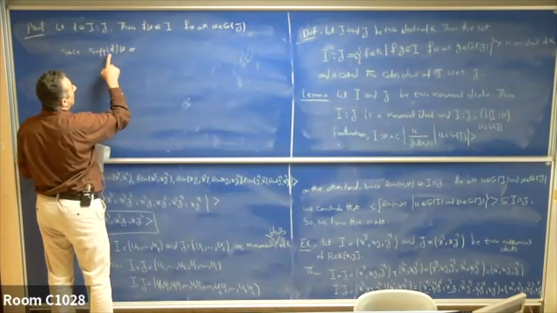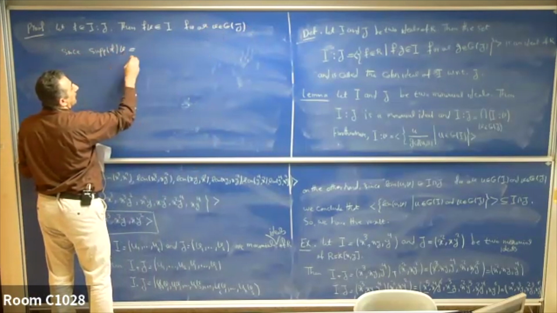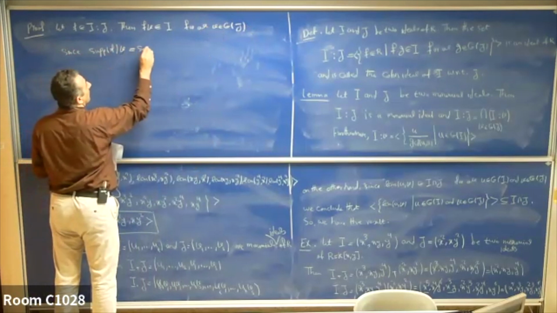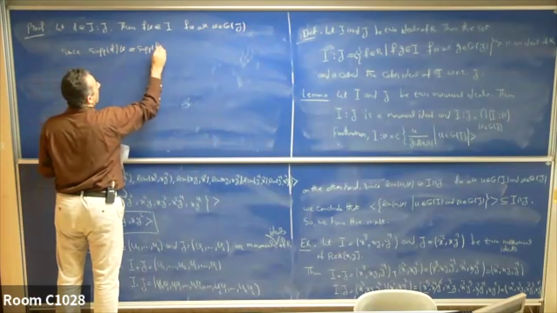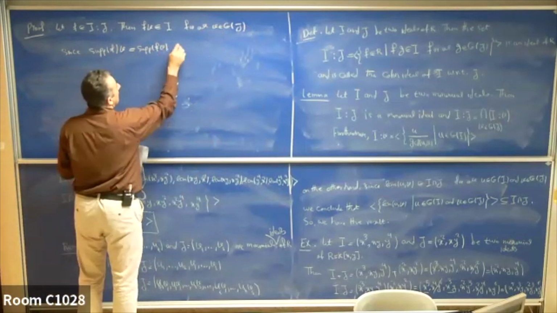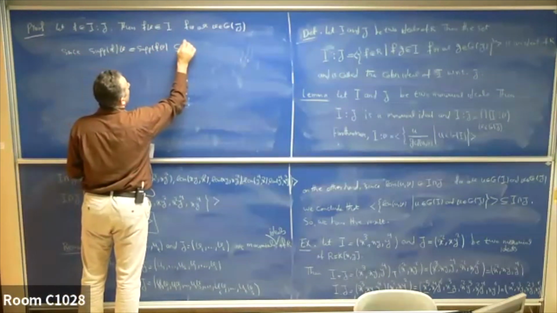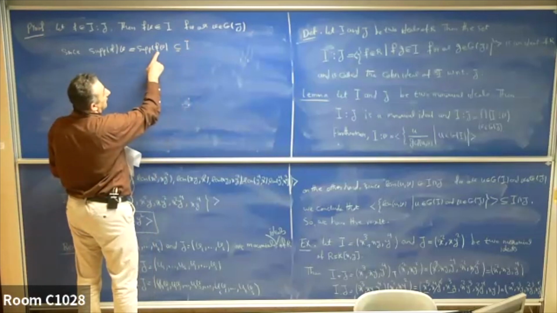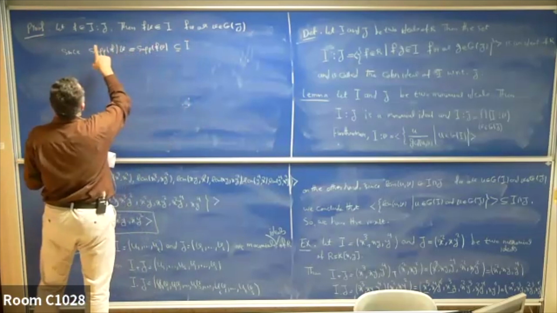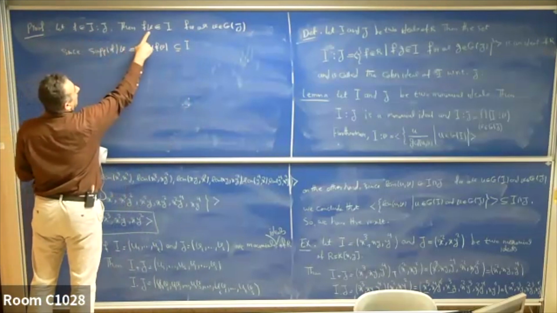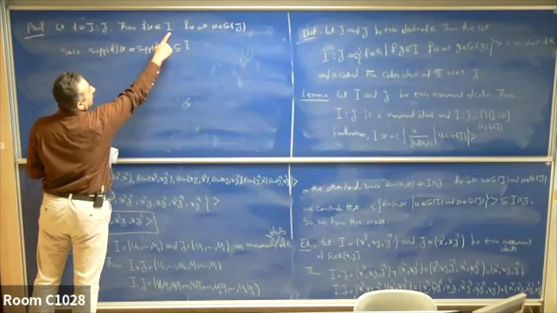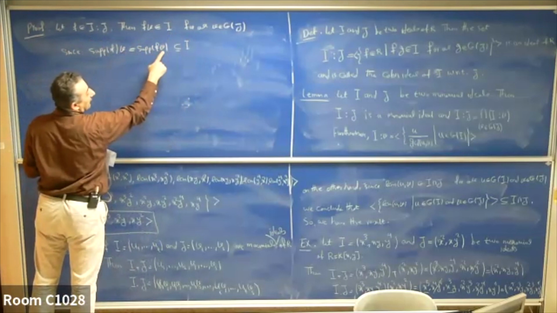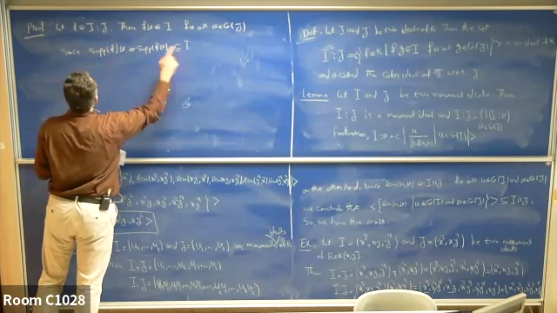Support of f v is contained in I because f v is in I, and I is a monomial ideal, and so support of f v is contained in I.